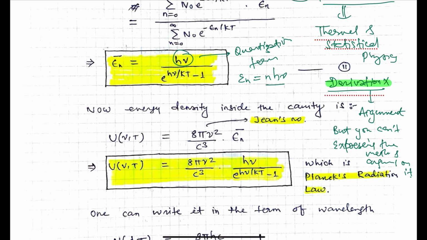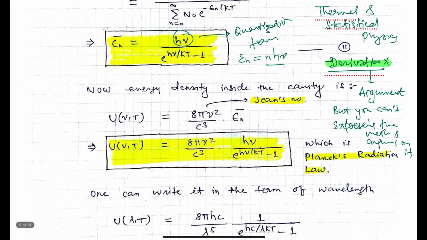So with this average energy, we are going to write the renewed energy density inside the cavity, which is the Jeans number multiplied with the average energy. Okay, and this is what we have got. So the energy density as a function of frequency and temperature is 8 pi nu squared divided by c cubed multiplied by the average energy.